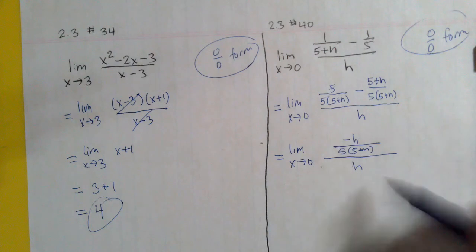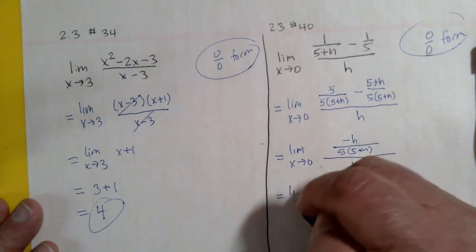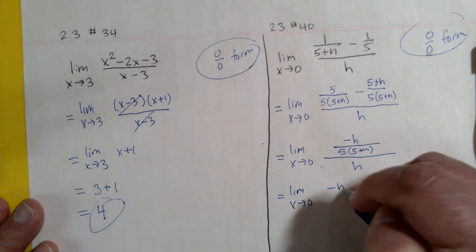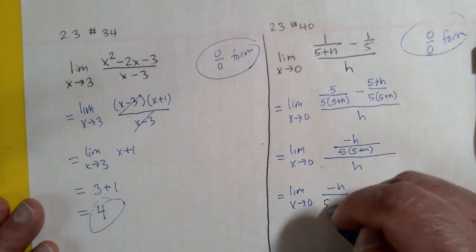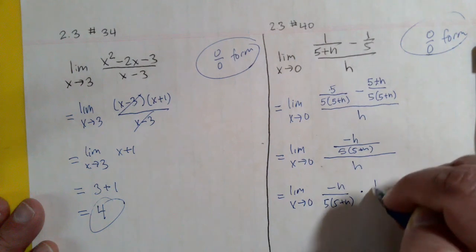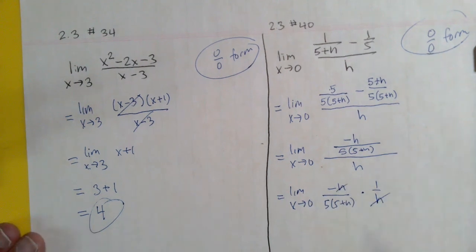Now I'm going to rewrite this because we don't like to have that complex fraction. So I'm going to write that as negative h over 5 times (5 plus h), times 1 over h. And now it's a little easier to see that cancellation.